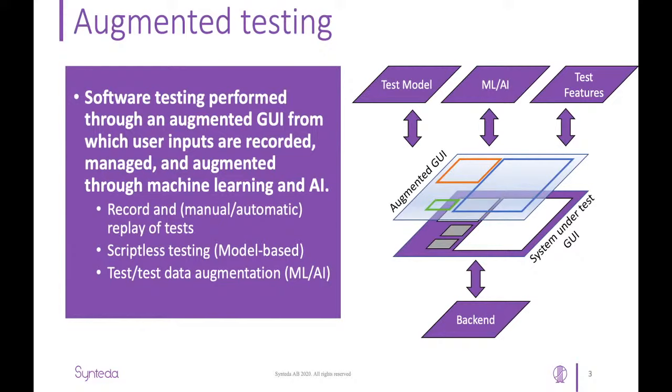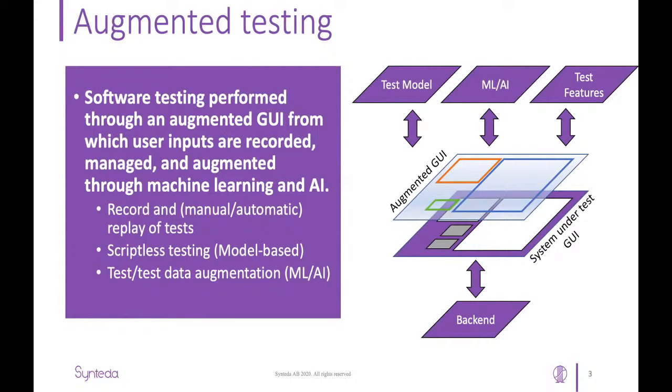The idea here is that rather than to write test cases or create test cases in a separate environment from where the tests are being executed, we instead modify the system under test with additional test behaviors.